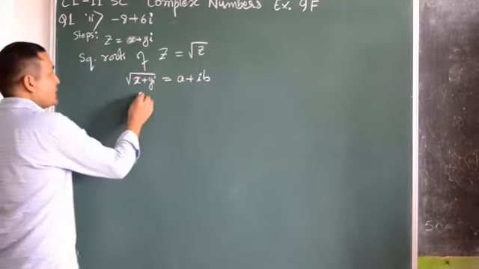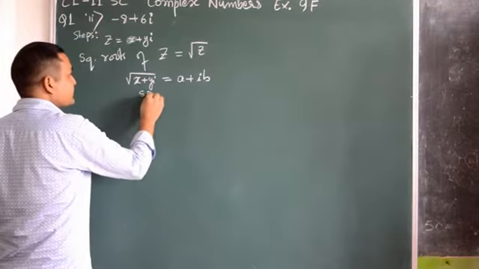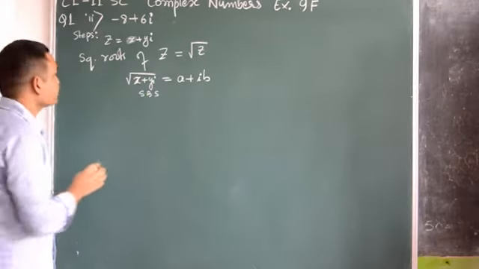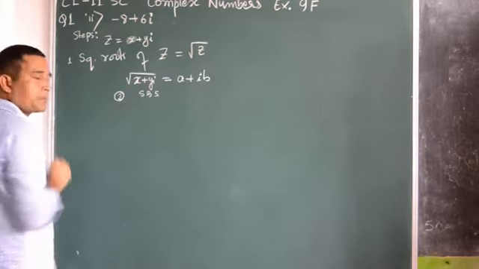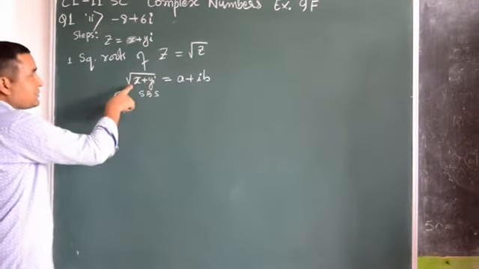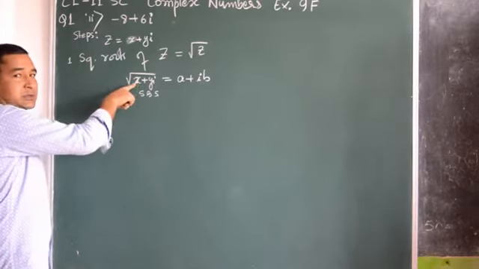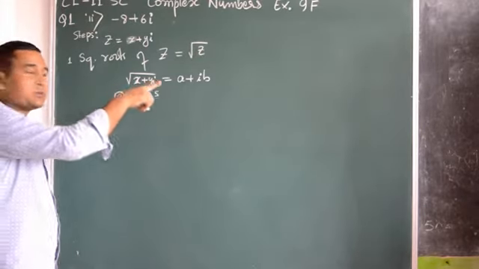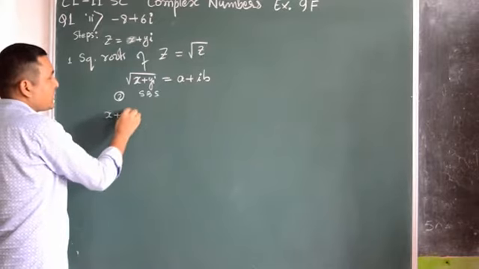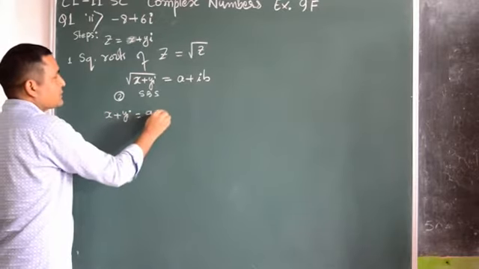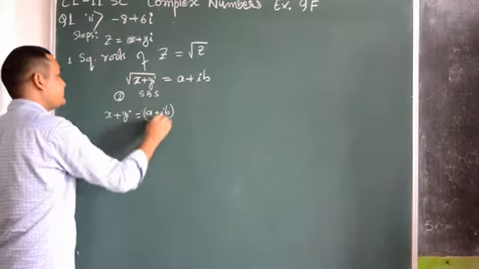Now do the squaring on both sides. Squaring both sides, this is step 1. Second, do the squaring on both sides, that means after doing the square, this removes the square root. Squaring both sides, x plus iy equals (a plus ib) whole square.